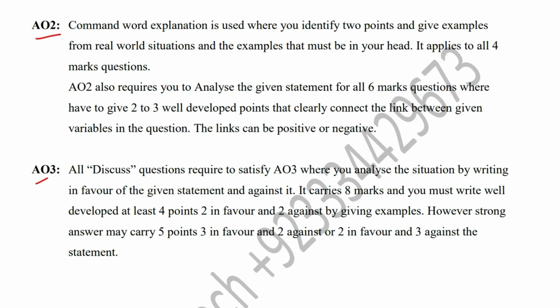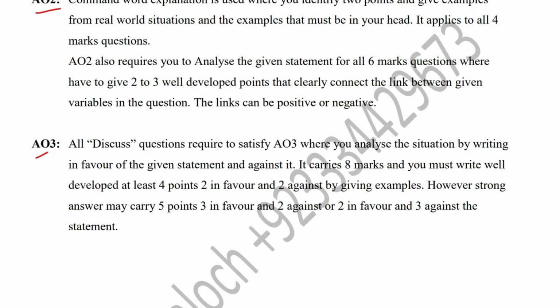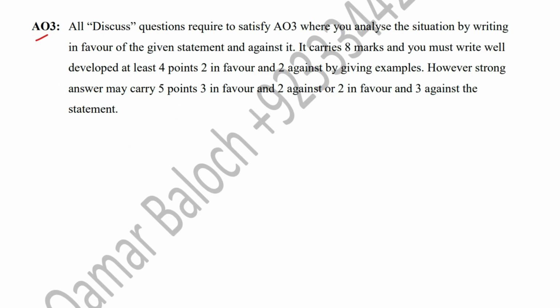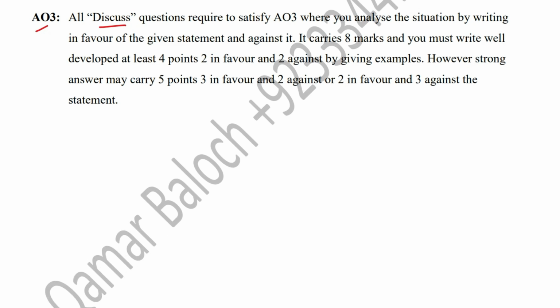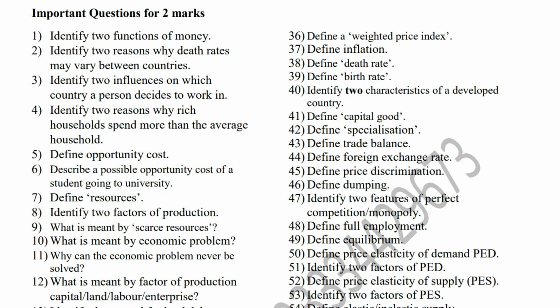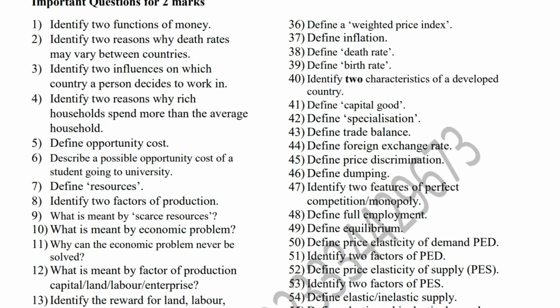And assessment objective 2 is explanation of 2 points generally, and it is for 4-mark questions and sometimes for 6-mark questions as well. And assessment objective 3 is a discuss question, and it carries the third assessment objective, which is basically when you have to write in favor and against the given statement of the question, and this is for 8 marks.